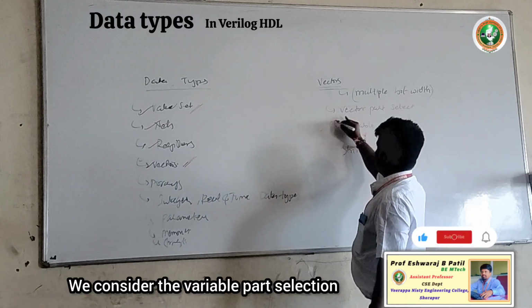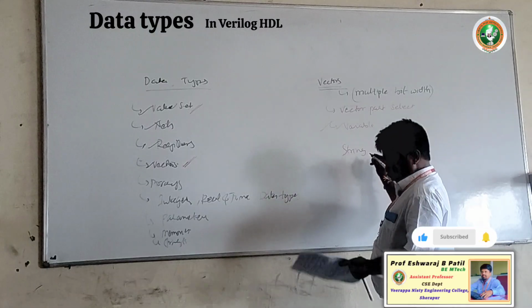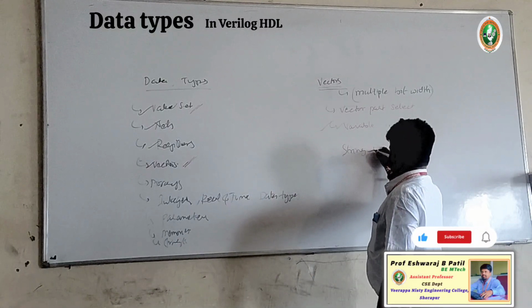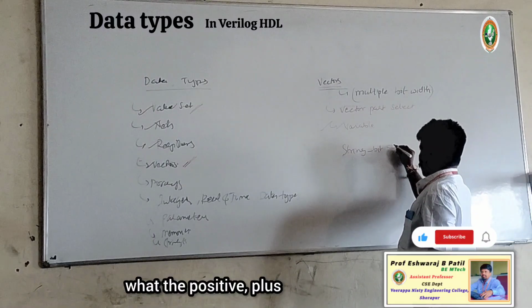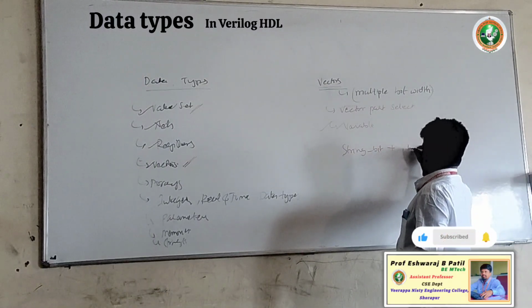This one, we consider the variable part selection. Start bit, positive plus width.